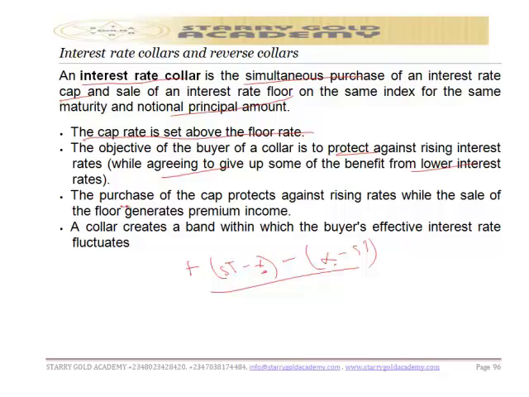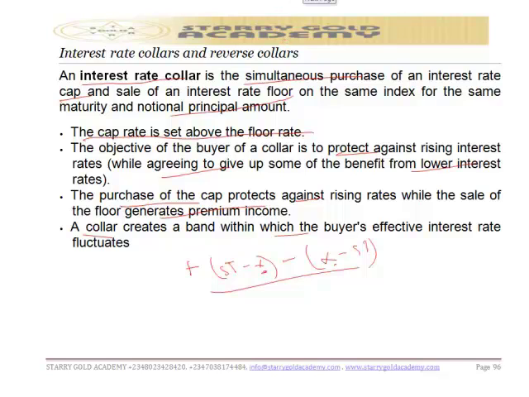More so, the purchaser of the cap protects against rising interest rates, while the sale of the floor generates premium income. A collar creates a band within which the buyer's effective interest rate fluctuates. That is an interest rate collar.